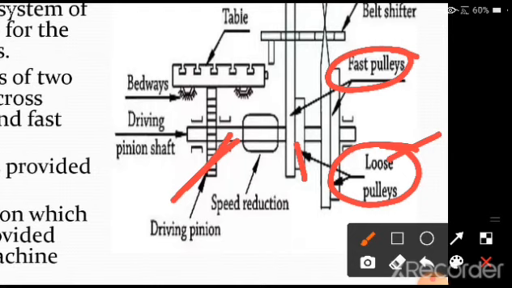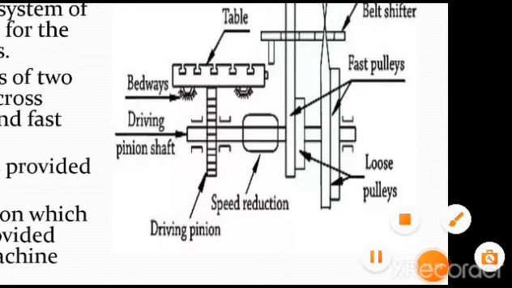Why is this done? This mechanism is considered because we want to rotate only one set of pulleys at a time. We require to give the motion either to the cross belt or to the open belt drive. Because this cross belt drive, as you are going to see, I will draw that figure.